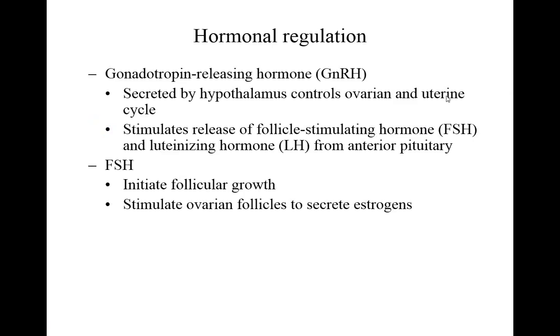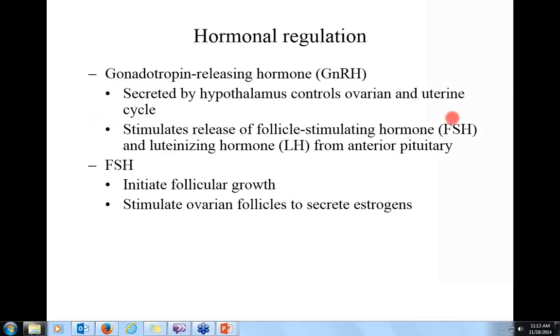So let's talk about the hormones here. We'll start, of course, with the hypothalamus and gonadotropin-releasing hormone. It's created by the hypothalamus, and it controls both cycles, the ovarian and the uterine.